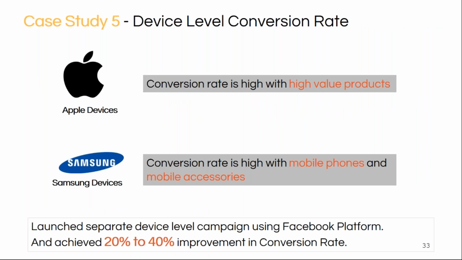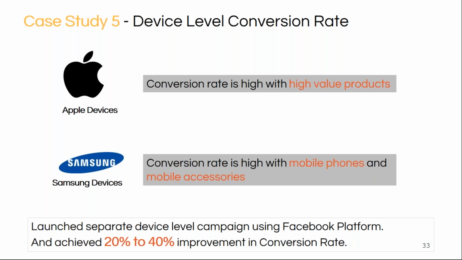Another case study, number 5: we did a device level conversion rate analysis. We found that people who came through Apple devices such as iPhones and iPads had a high conversion rate with high order value products like TVs, fridges, and ACs. So we created a dedicated campaign for them. We also found that people who came through Samsung devices had a high conversion rate with mobile phones and mobile accessories.